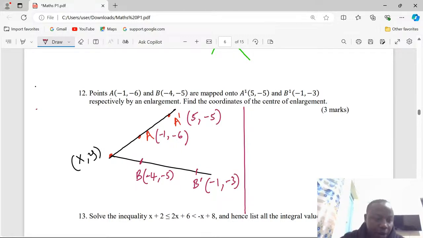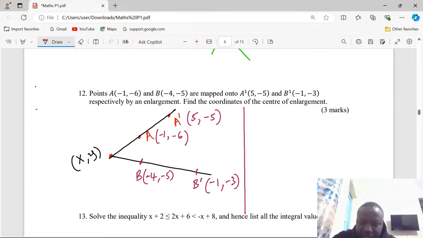Therefore, the line AA prime and the line BB prime meet at a point. So we can find the equation of each line, then solve for their point of intersection. That will definitely give us the center of enlargement.